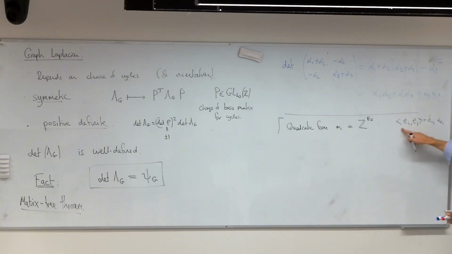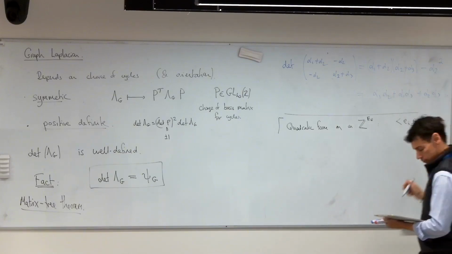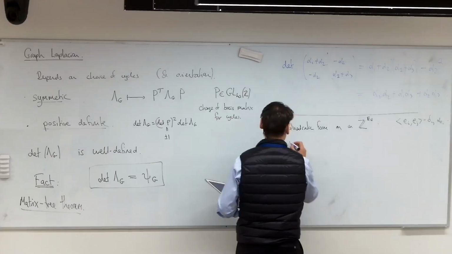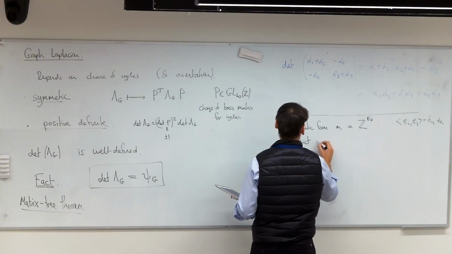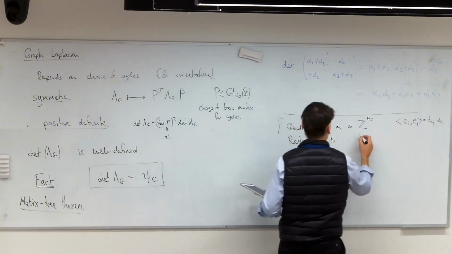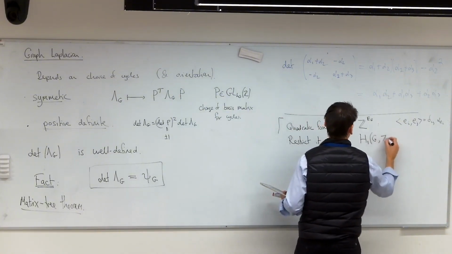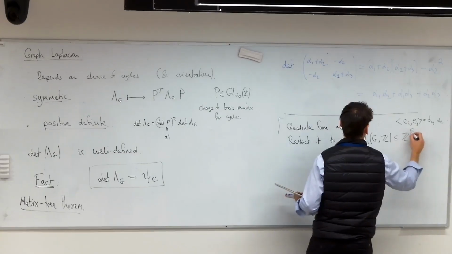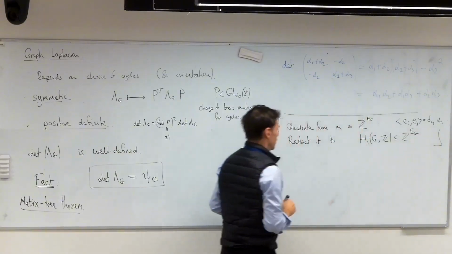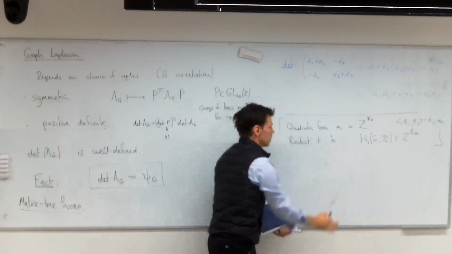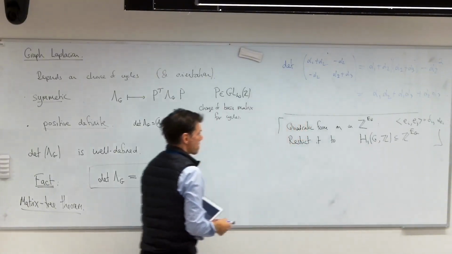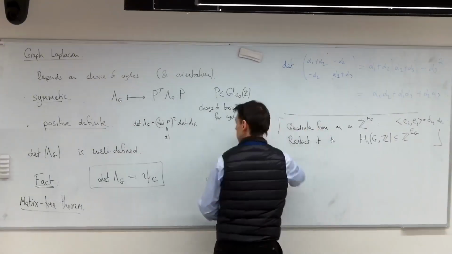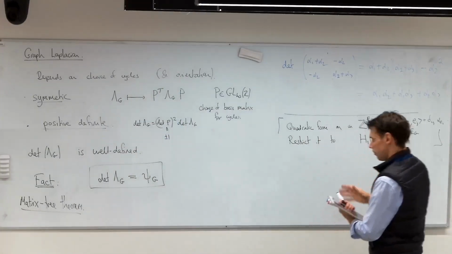In other words, the edges are orthogonal and the length of each edge is alpha. That gives you a quadratic form on this space, and you just restrict it to the subspace H_1(G,Z), the vector space spanned by the cycles, essentially. So this is a very efficient way to do everything I said. It's really equivalent.